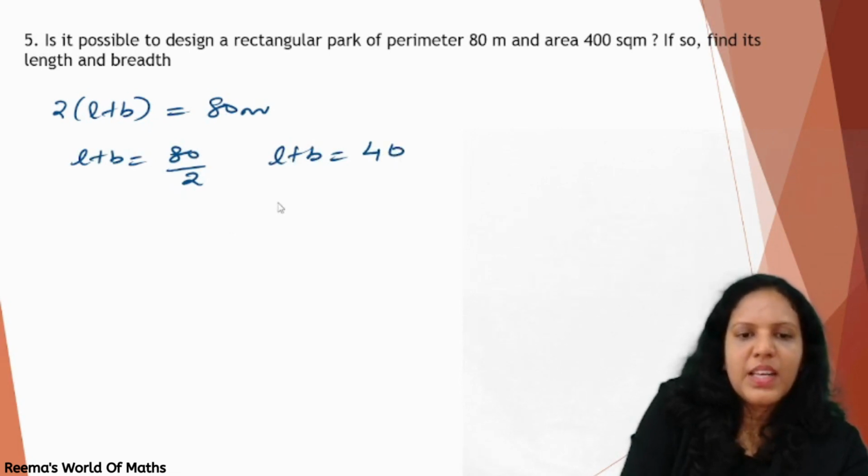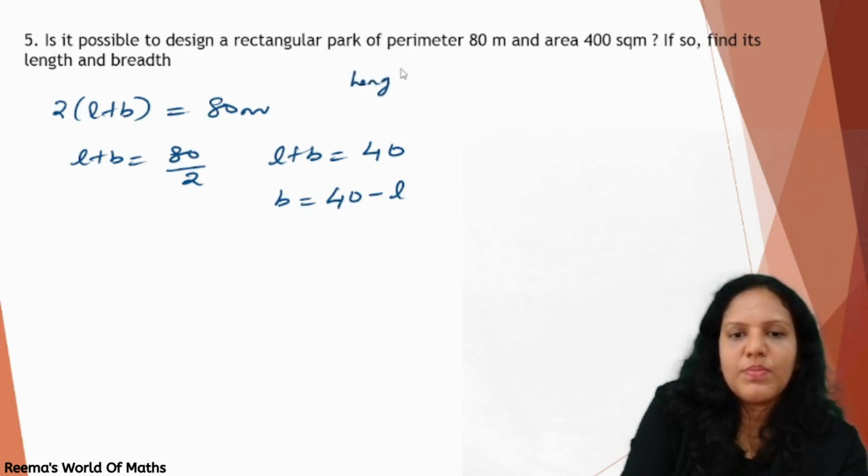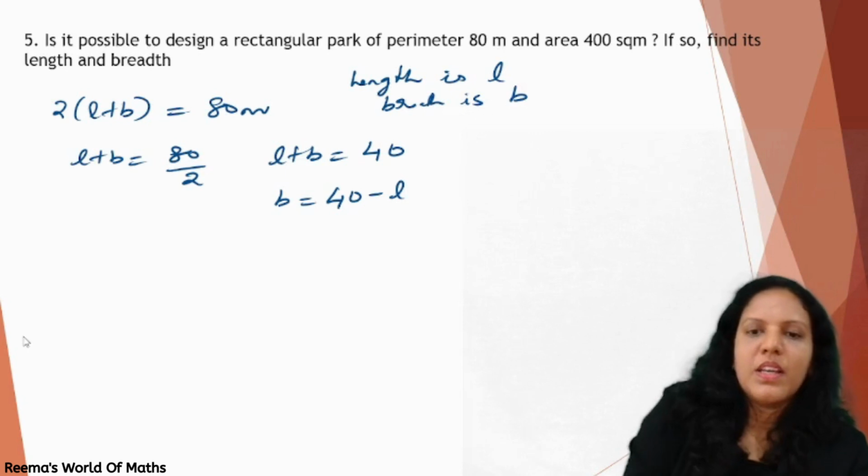We can write B is equal to 40 minus L, correct? So length is L and breadth is B.